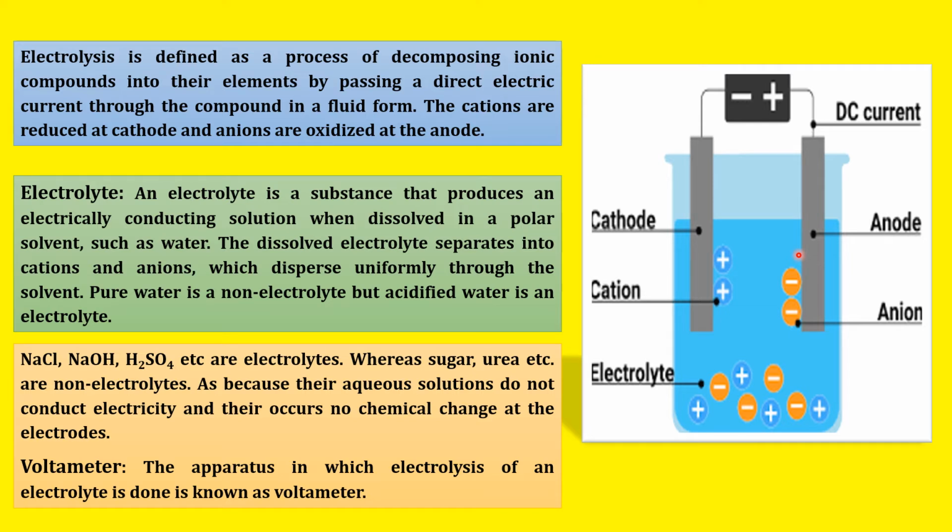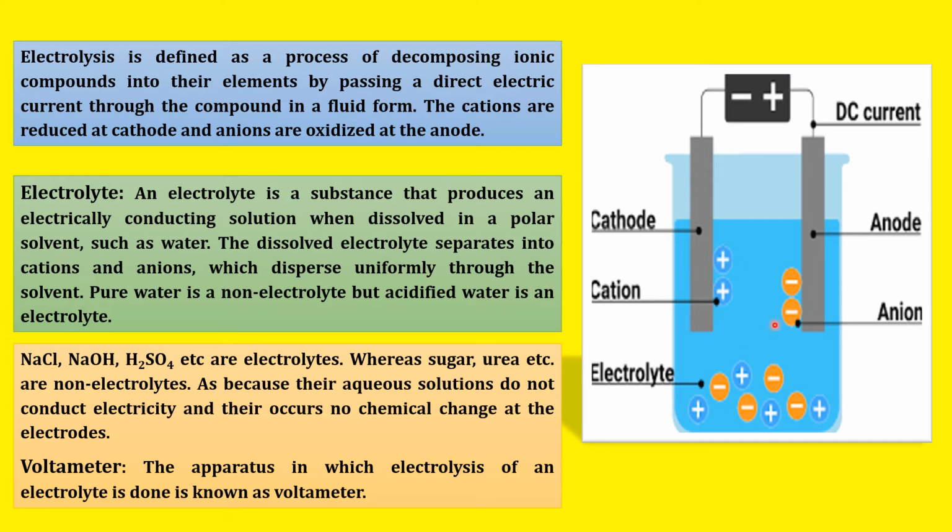Now you see another thing, that is electrolyte. An electrolyte is a substance that produces an electrically conducting solution when dissolved in a polar solvent such as water. Always remember, H2O or water is called a polar solvent. The dissolved electrolyte separates into cations and anions, which disperse uniformly through the solvent.